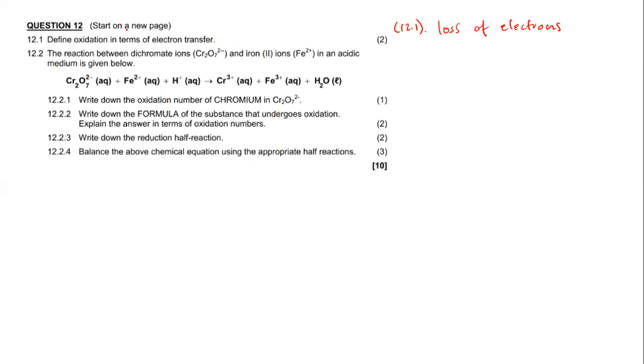Note and write on your paper, oxidation in terms of electron transfer. This is the definition. This is how we define it. Oxidation in terms of oxidation number, it is the increase in oxidation number. I hope you wrote it down.